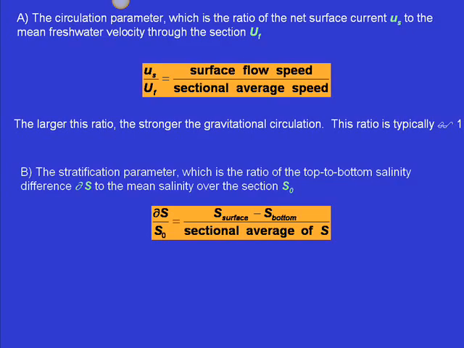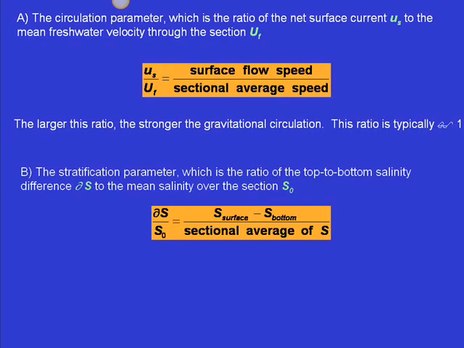So throughout this cross section, where we have 0 salinity at the surface and 35 at the bottom, in this very idealized estuary, what's the average cross section? 20. Fine. So what's this ratio? The stratification parameter will then be greater than 1, right? 35 over 20, which is almost 1.5. So that tells us very strong stratification.